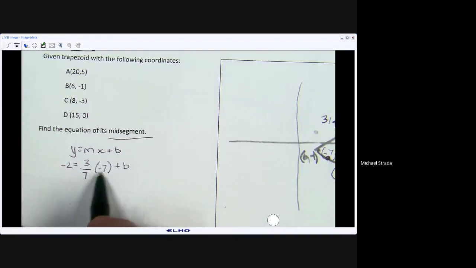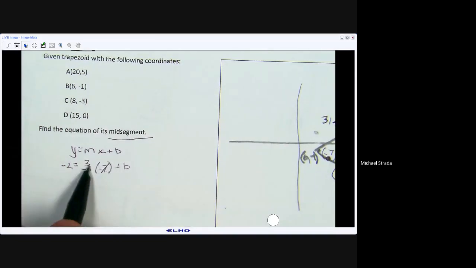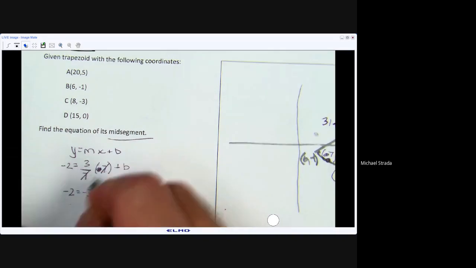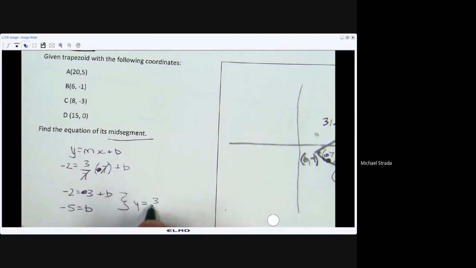What do the 7s do to each other? Of course, they cancel out. So -2 equals 3 plus b. That shouldn't have been a negative 7. It should have been a positive 7, sorry. To get rid of the positive 3, you get a negative 3, so negative 5 equals b. So my final answer is y equals the slope I got, 3/7 x, and the b I got by plugging in.